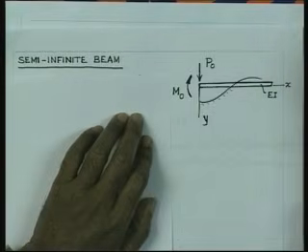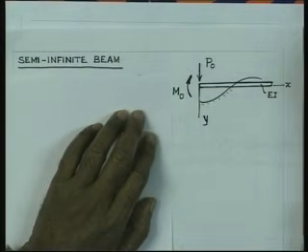Now, we will try to go for consideration of a beam which is semi-infinite, it is not infinite, and try to see how we can find out the deflection, bending moment variation, so also variation of shear force and the slope.